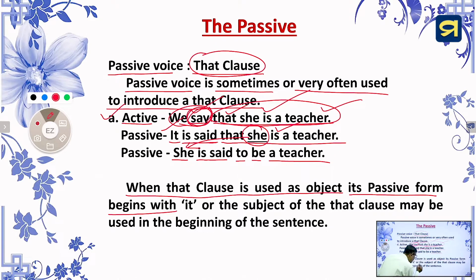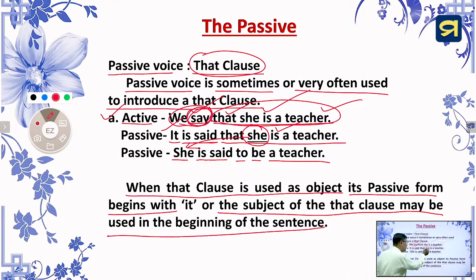That means the subject of that clause may be used in the beginning of the sentence. When the subject of the that clause is used in the beginning of the sentence, generally we will follow this pattern while we change from active voice to passive voice. We will make some questions and some practice.